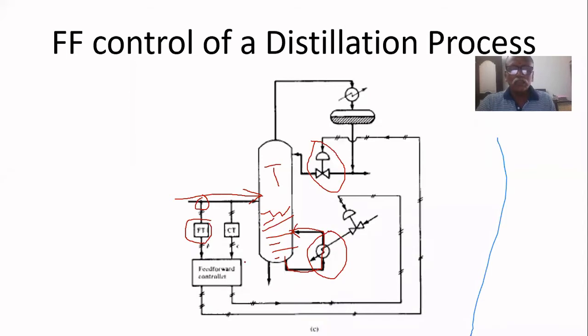The heat exchanger will be supplied steam here. That's why heat will be transferred to that bottom liquid. If there is any change in composition of the feed, this reboiler controller is designed to regulate the steam that transfers its heat to the process fluid.